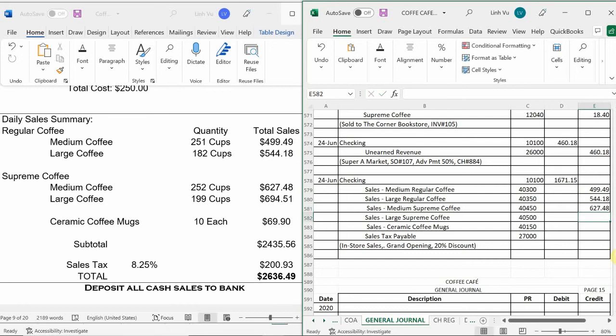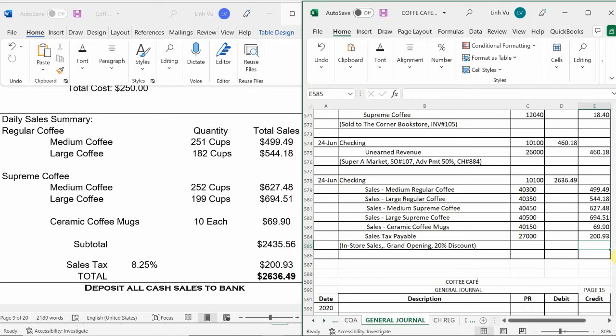I sold the large Supreme cups, 199 for $694.51, and I sold 10 coffee mugs for $69.90, and I charged tax of $200.93, giving me a grand total of $2,636.49 worth of cash.